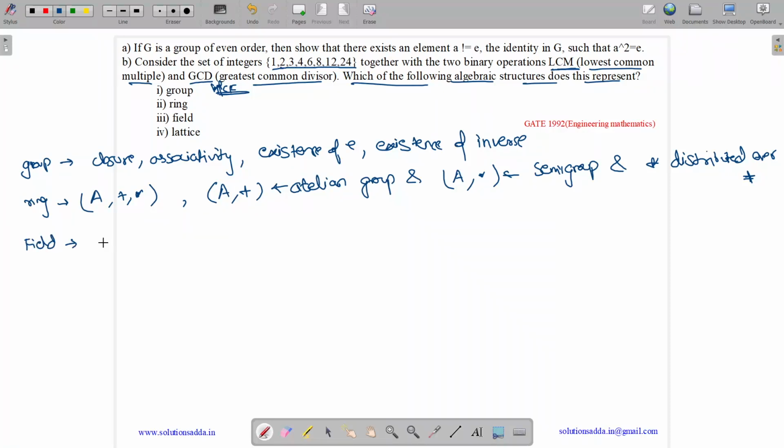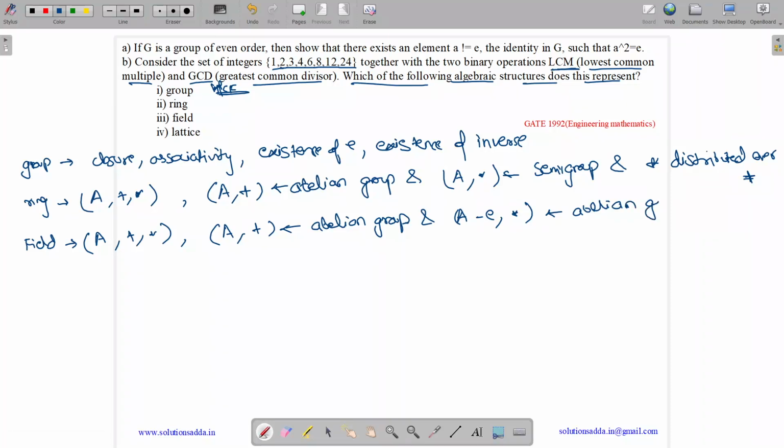A field is also defined on two operations, assume plus and star. Then it is a field, which means (A, plus) should be an abelian group, and (A minus the identity, star) should be an abelian group, where e is the identity element. And same as before, star should be distributed over plus.